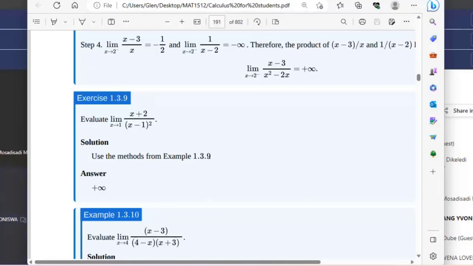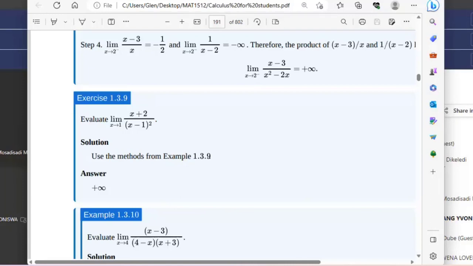So if limit x approaches 4 from the right, and I get a negative number, it shows my infinity is negative. Am I correct that way?